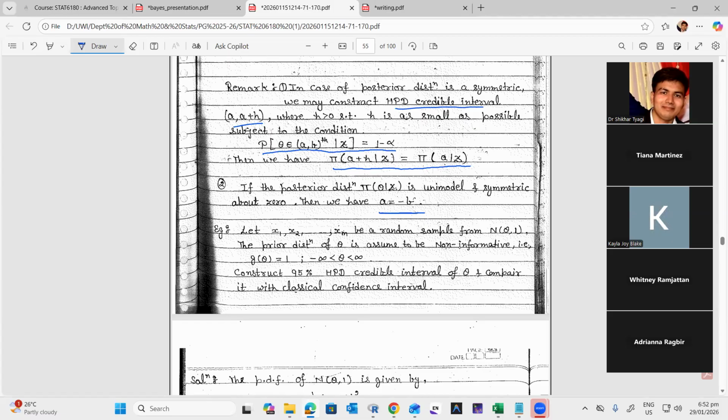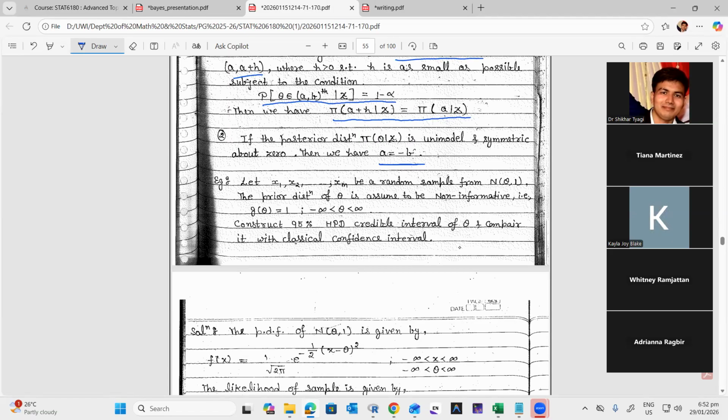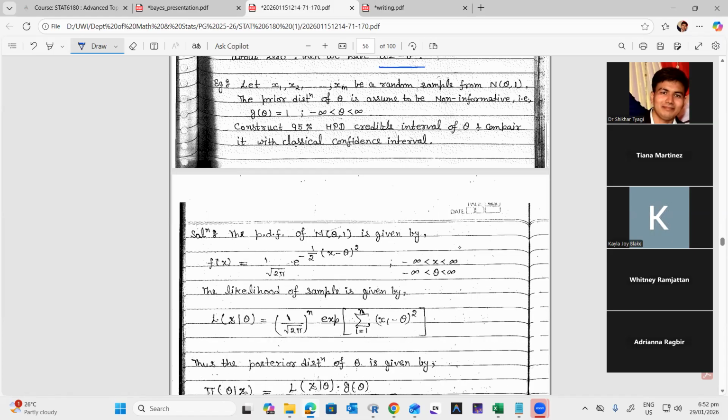So now we will solve one question for the credible interval. Here we are assuming that x1, x2, ..., xn is a random sample from the normal distribution with parameters theta comma 1, that is, mean is theta and variance is 1, and the prior distribution of theta is assumed to be non-informative, that is, we are considering g(theta) equals 1, where theta lies between minus infinity and infinity.